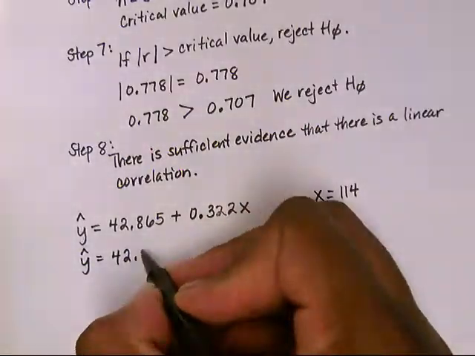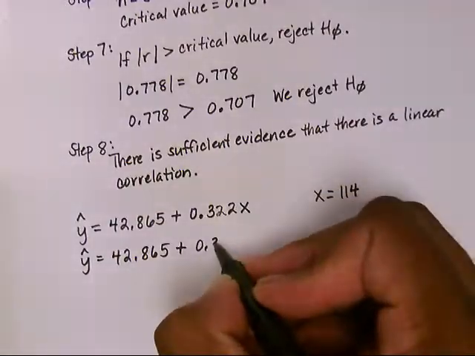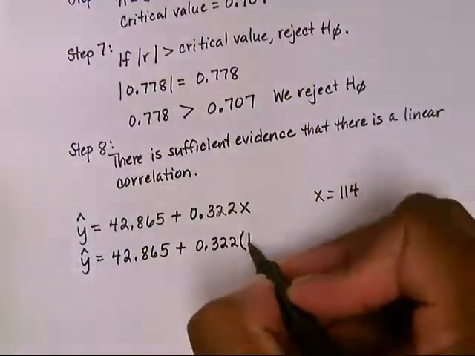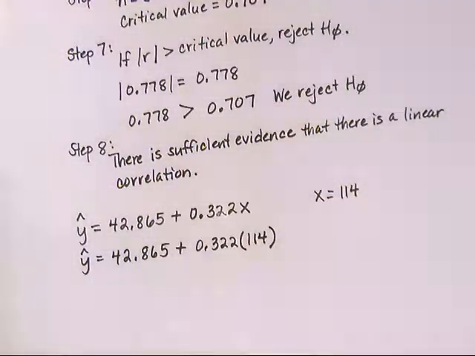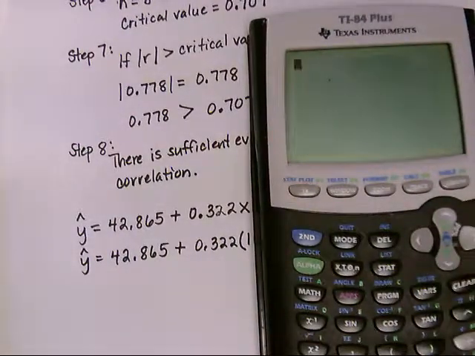So we have y hat is equal to 42.865 plus 0.322 times 114. So we got 42.865 plus 0.322 times 114.